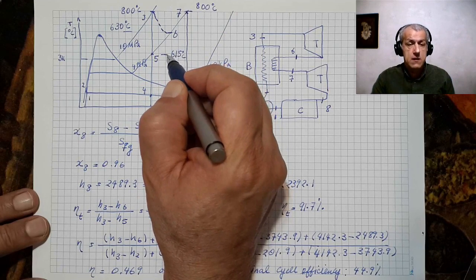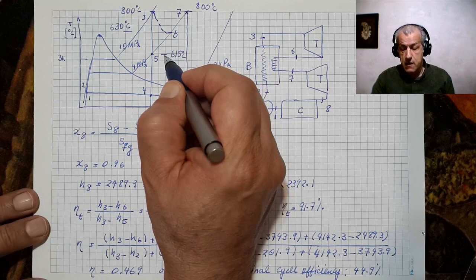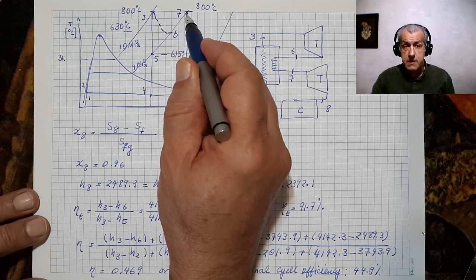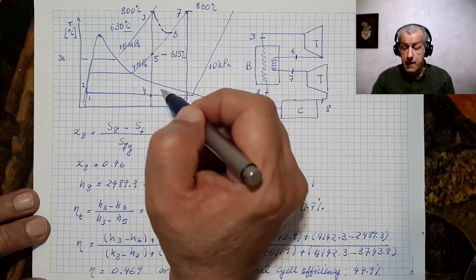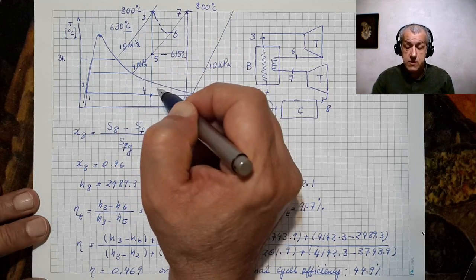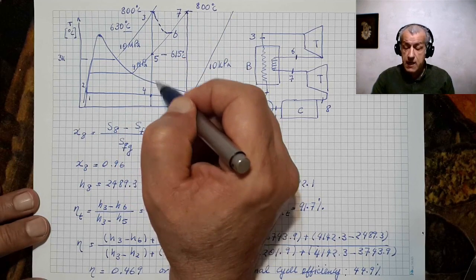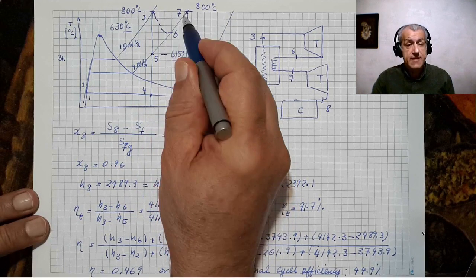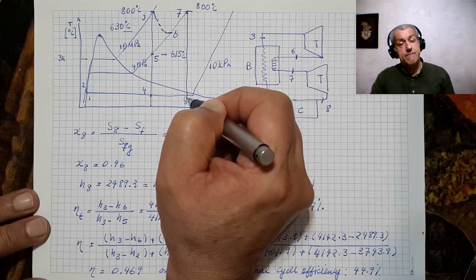of the original cycle. But here we have a cycle with a high temperature as high as the original cycle, and heat addition is done to it at very high temperatures, and its lower temperature is also the same as before.